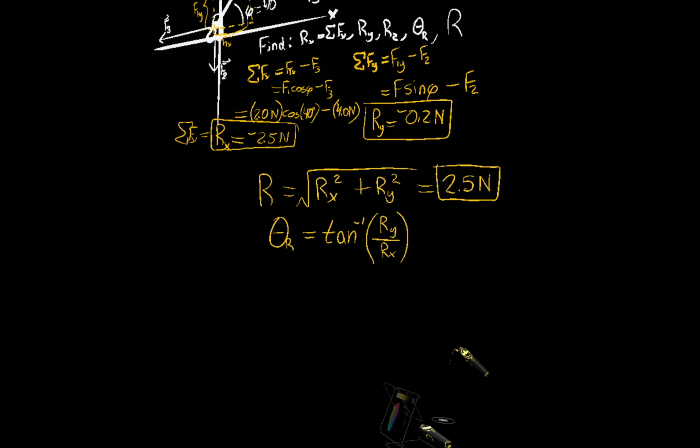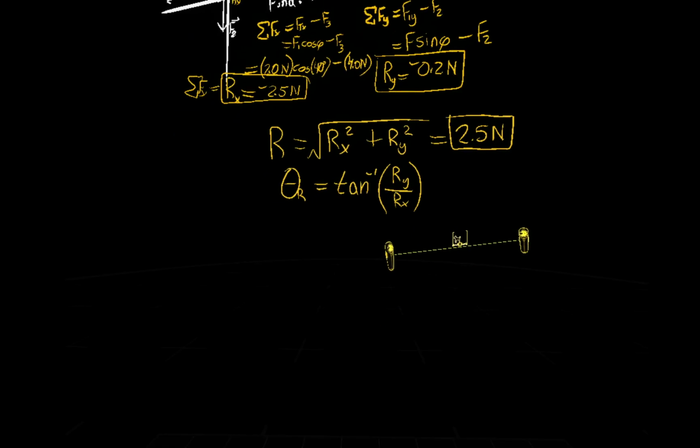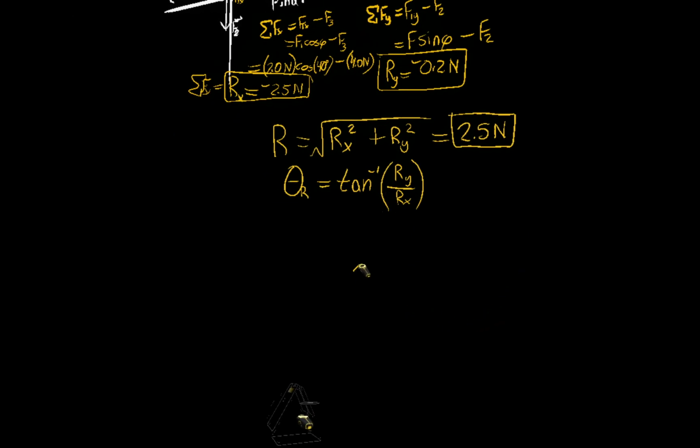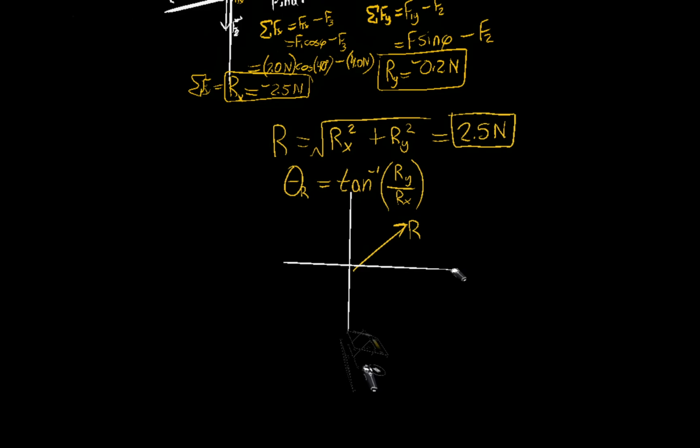Right? Why is that? Where did that come from exactly? Well, you have a resulting force vector. This is R. And you have an axis that belongs to. This is x, and this is y.